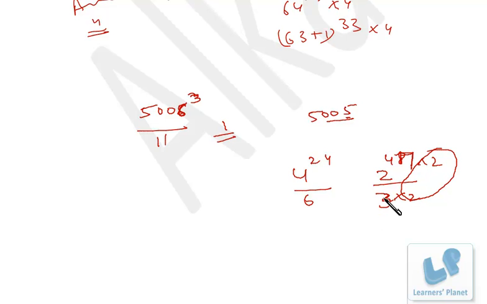Now 2 raised to 47 while divided by 3, what will be the remainder? 2 is actually 3 minus 1, so the remainder will be minus 1 raised to 47. Minus 1 is having an odd power, that means the remainder is minus 1. That minus 1 into this 2, the common number that we have taken as common, so minus 1 into 2, the remainder is minus 2. So the final remainder, to make it positive, 3 minus 2, that's 1.